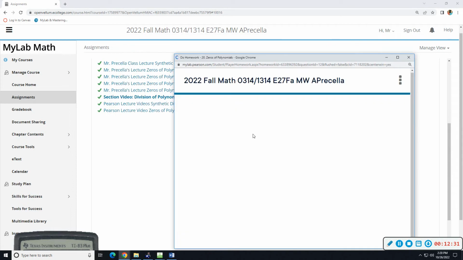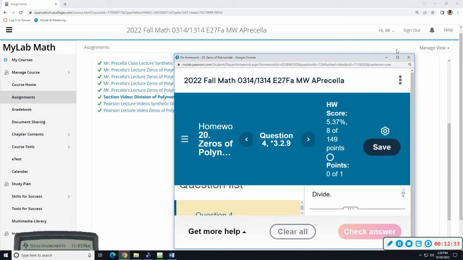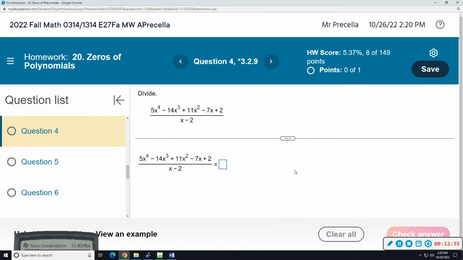So here's our first example. The first 4 problems are just do synthetic division. Let me write down number 4: 5x to the fourth minus 14x cubed plus 11x squared minus 7x plus 2.